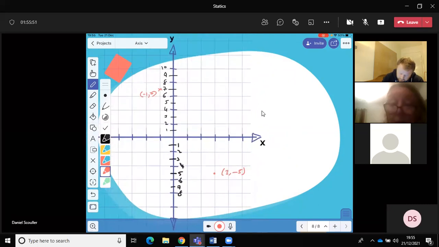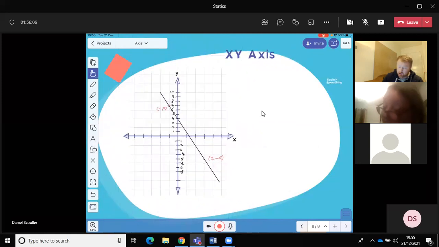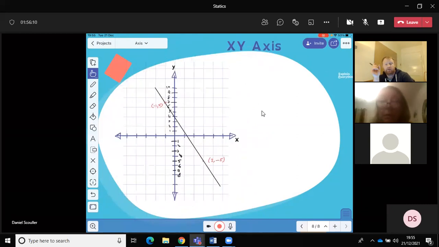So we've got a straight line that goes to -1, 7. So x-axis -1, y-axis 7, and it goes through 3, -5.